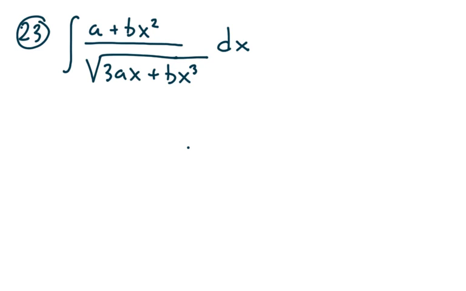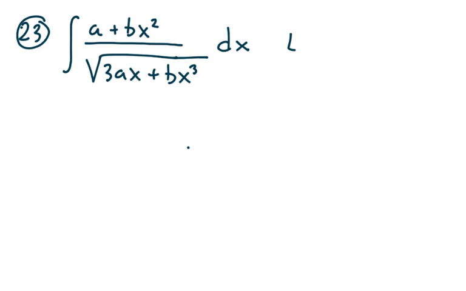Now, the inside function is what's inside the radical, and that's usually a pretty good choice for you. Remember, your goal is to transform an integral in terms of x into an integral in terms of another variable.